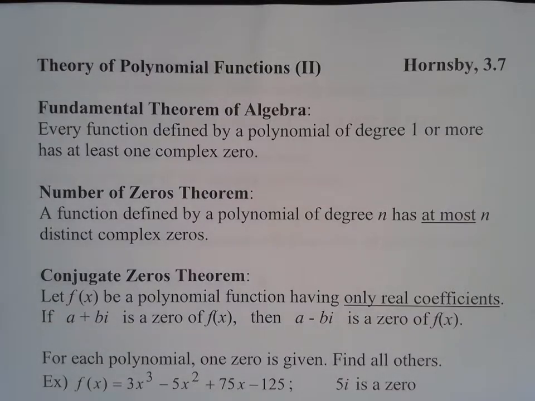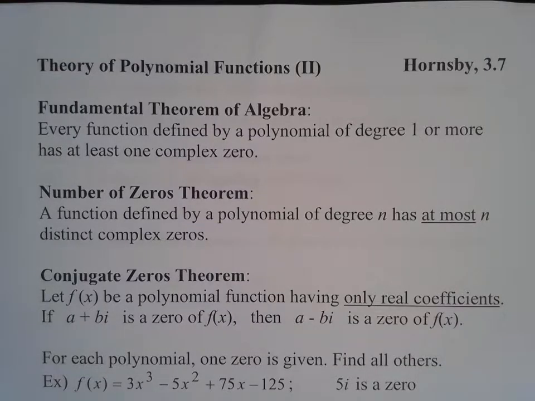So that means that for every polynomial function, degree 1 or more, we're going to find a zero, whether it's a real number zero or a complex number zero. Okay, we've talked about if it's a real number zero, that's going to give us an x-intercept where the graph would touch the x-axis. If it's a complex number zero, then the graph would not touch the x-axis.